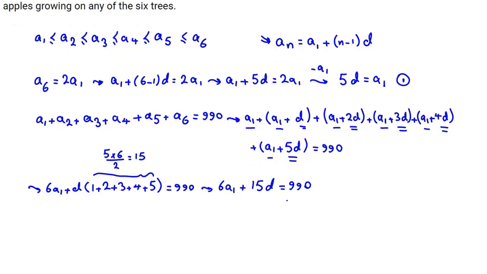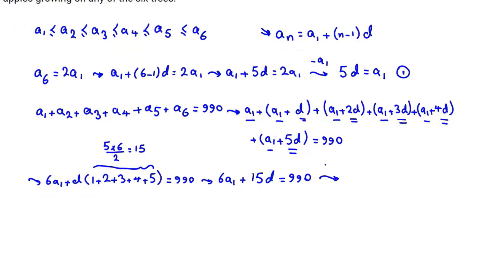Okay. Now we use the first identity. Instead of a1, we replace it with 5d. So it will be 6 times 5d plus 15d equals 990. Next, 30d plus 15d equals 990.